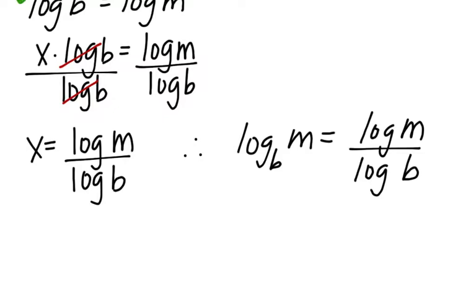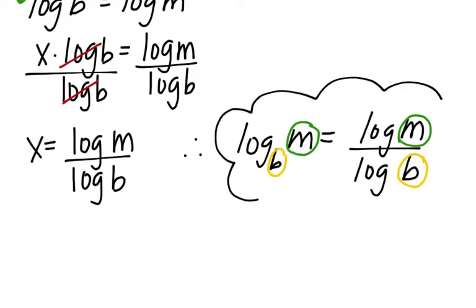So what that is saying is if you have a base b, some base that you don't care to deal with, you can actually turn it into a base 10 logarithm if you divide the log of the argument by the log of the base. And this is your change of base property, or your change of base rule.